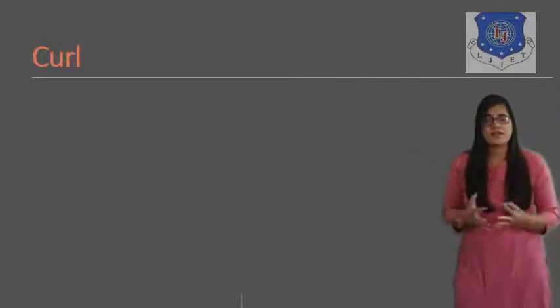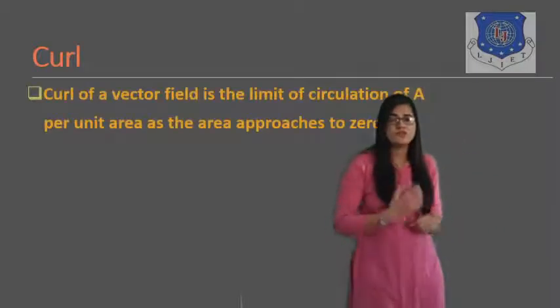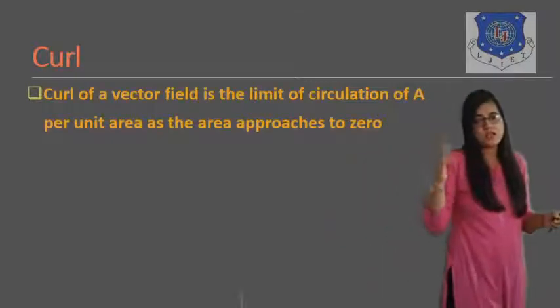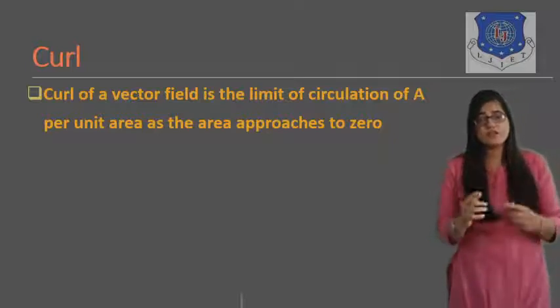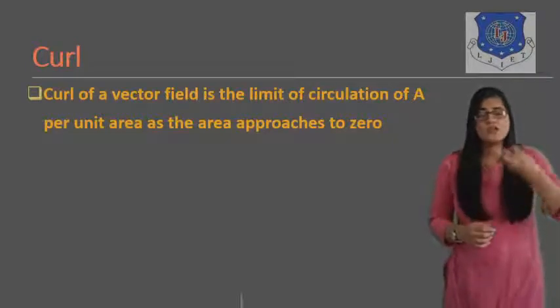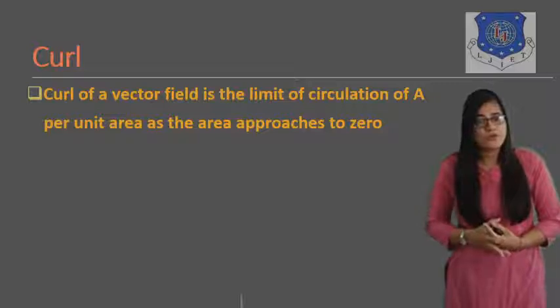Now the next concept is the curl of a vector. First let's do the definition. Curl of a vector field is defined as the limit of circulation of A per unit area as the area approaches 0.